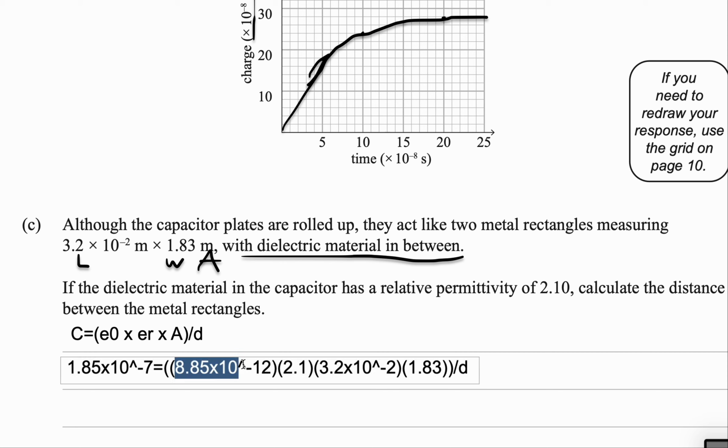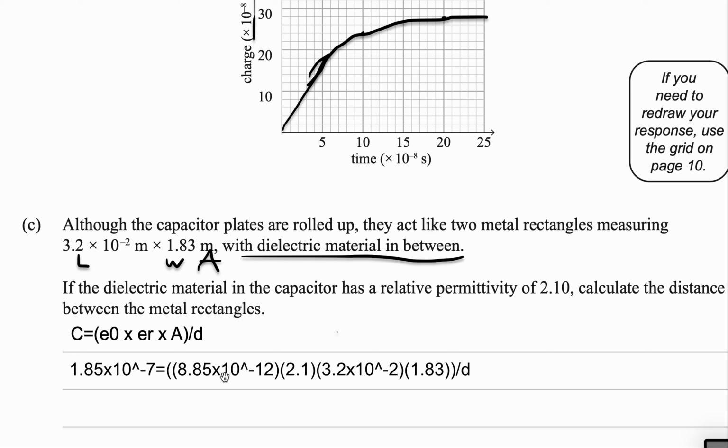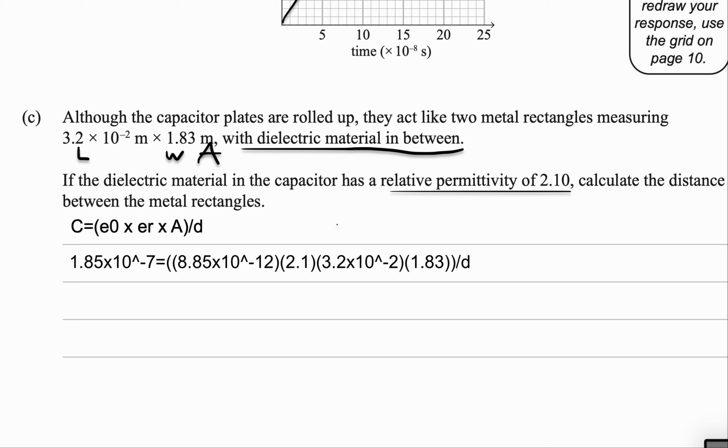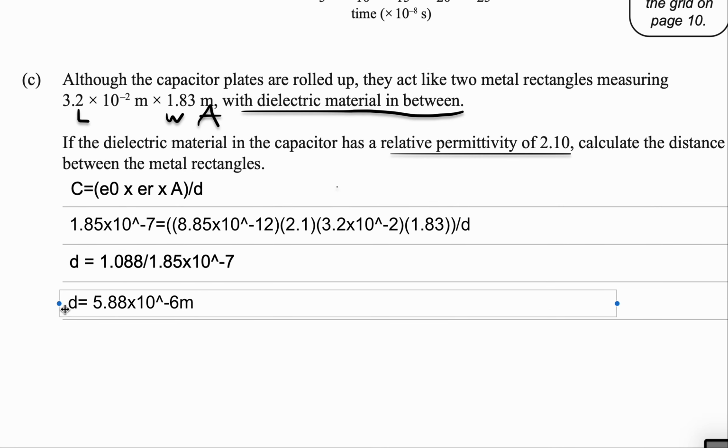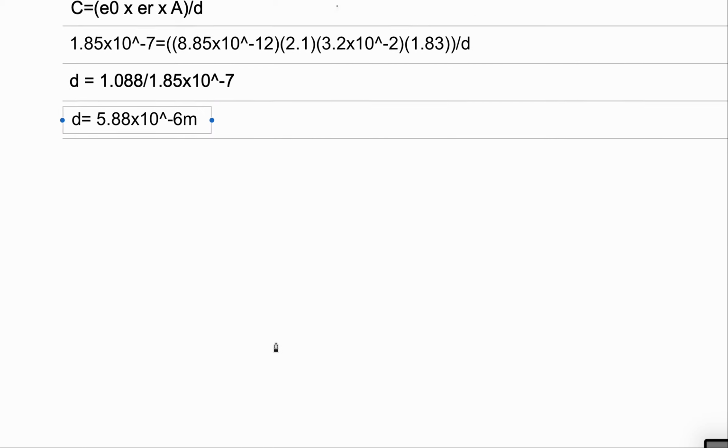This value here, 8.85 times 10 to the power of negative 12, is the relative permeability of free space, I believe, but they give it to you on the formula sheet, times it by that value there, and then by the area, which is that stuff there, and then divide by distance. And then you just solve for D, and then just chuck it in there. So that's your answer to 3 significant figures.